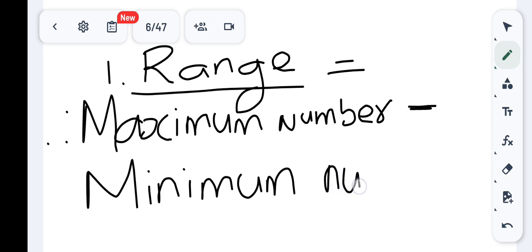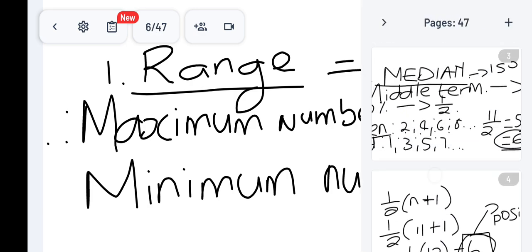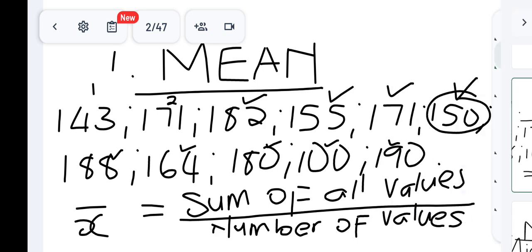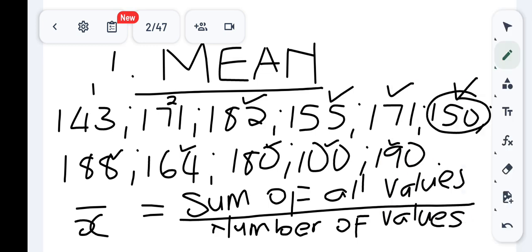Okay, so this is how you will find a range: maximum number, which is the highest number, minus minimum number, which is the lowest number. So from our example here, what is the highest number? I believe that is 190. And what is our lowest? I believe that is 100.